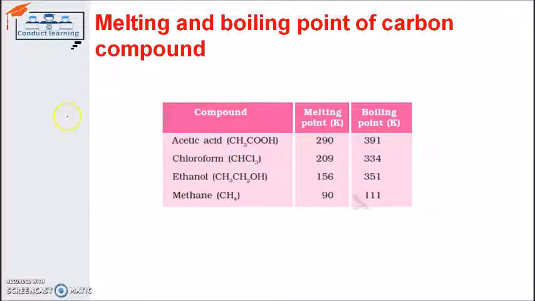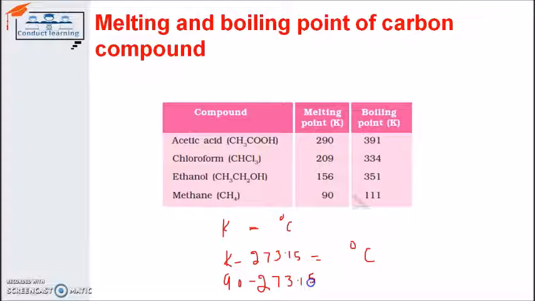The formula for converting Kelvin to degrees Celsius is to take the degrees Kelvin and subtract 273.15 from it. You will have the degrees Celsius value of this temperature. So if you subtract 273 from 90, you can find out what degrees Celsius the melting point of methane is.